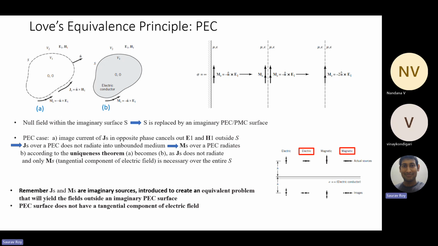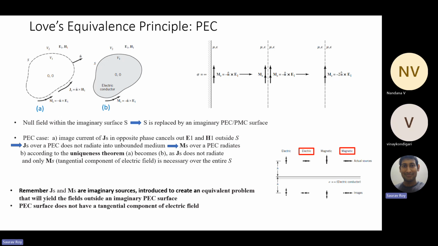That is why J_S over a PEC does not radiate into this unbounded medium. Only M_S will be significant, because for M_S both are in the same direction and will not cancel out. So from this Love's principle over a PEC, we will consider only M_S.